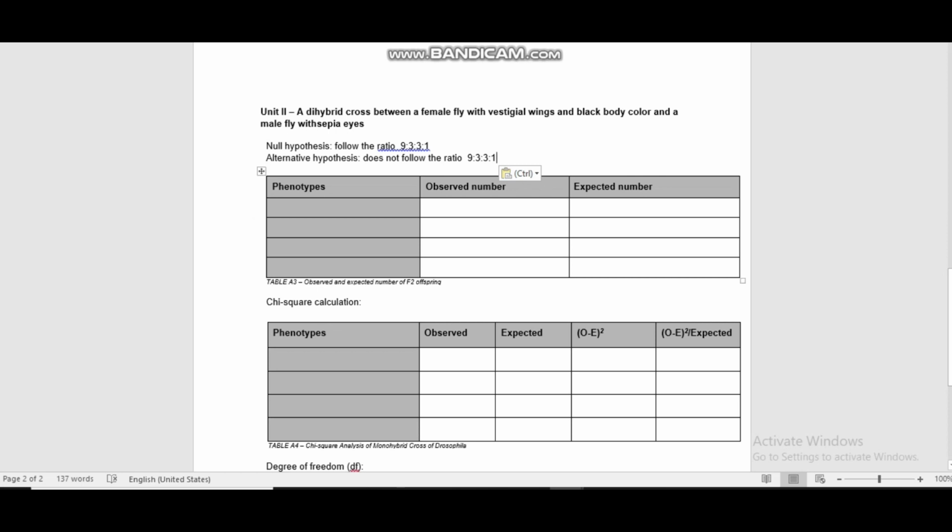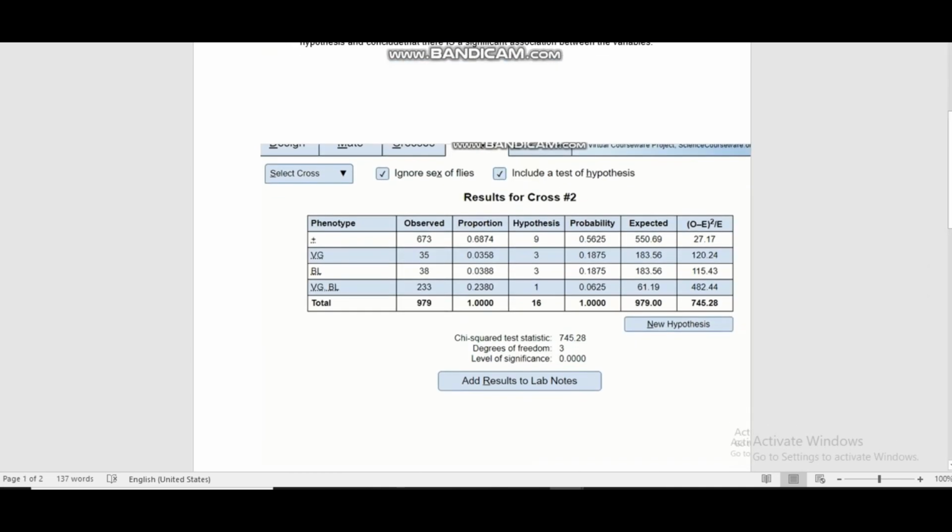And for the phenotypes, I will copy from the data from the table, and also the observed number I will copy from this table.